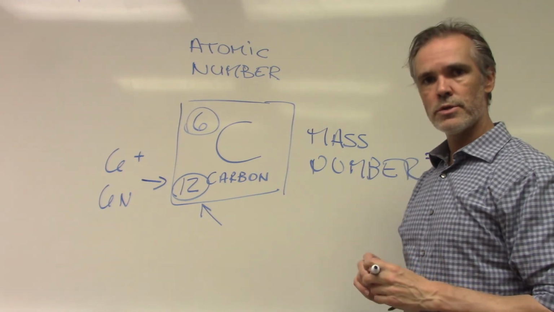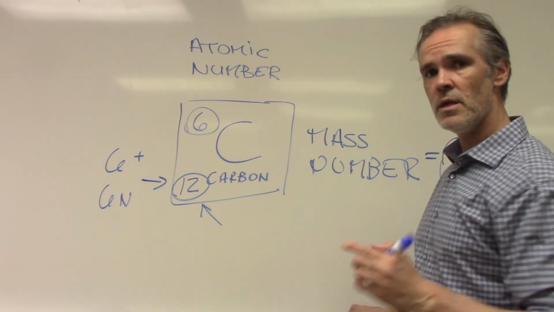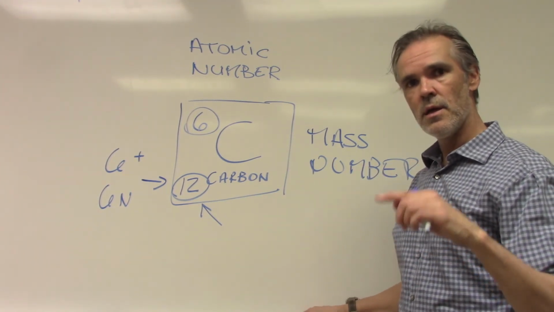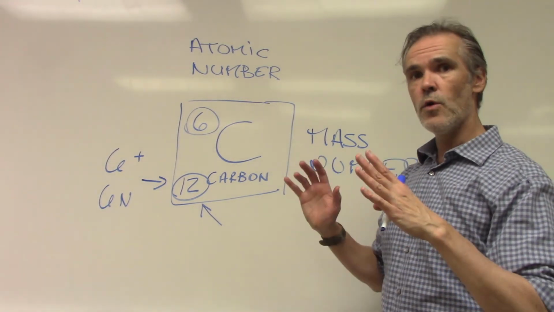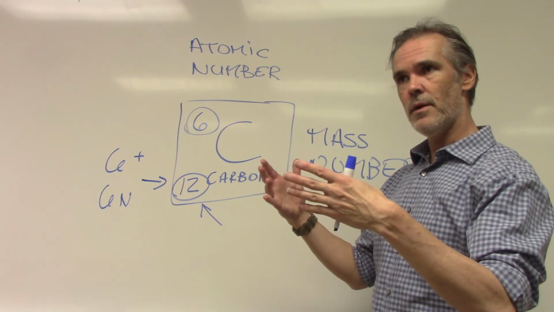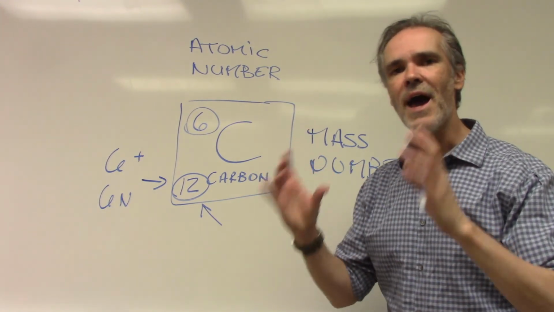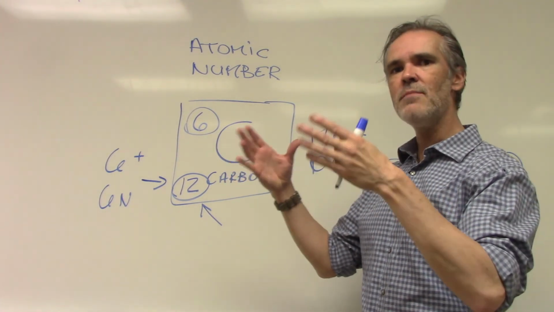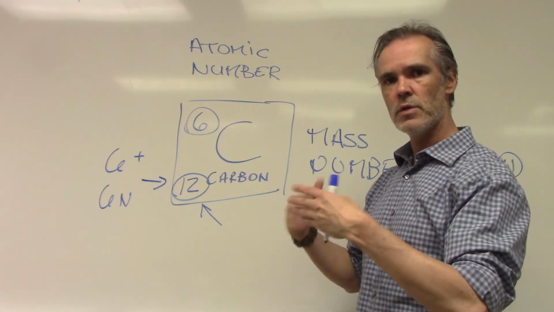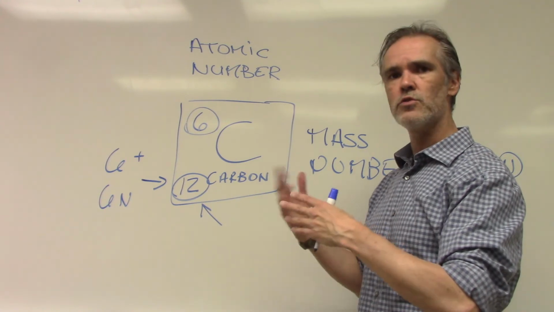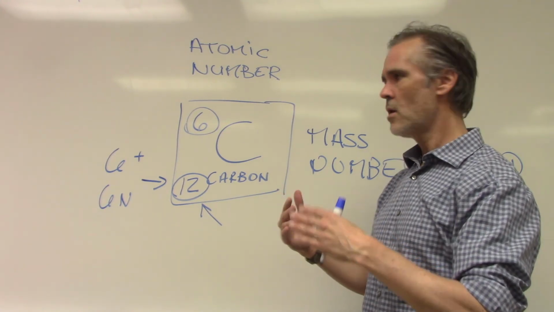What I want you to understand is this: an atom is defined by the number of protons it has in the nucleus, and of course by the number of neutrons it has, okay?